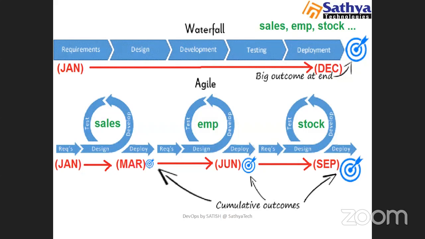So you deploy a whole project. But with the agile model, you can focus on one module at a time. Can you see this picture here? We can deliver a first module, the sales module, next the employee module, then the stock module. So now, by seeing this picture, which one is preferable? Yes, the agile model.